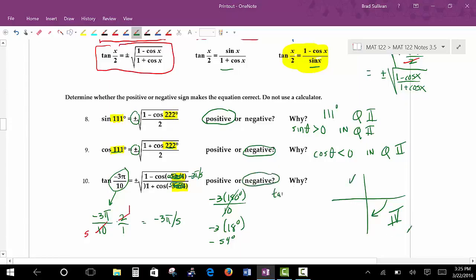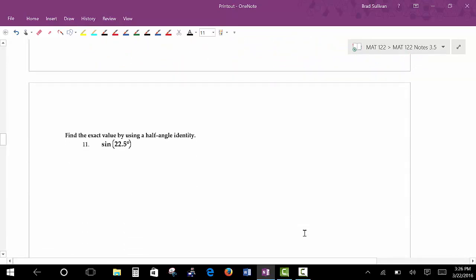Okay, so the tangent of an angle theta is negative if theta is in quadrant 2 or quadrant 4. So that would have a negative answer. So one of the things you've got to do with this identity is figure out if your answer is negative or positive. So you must do that.